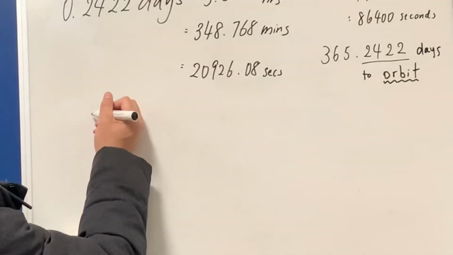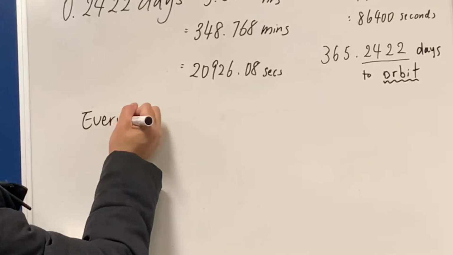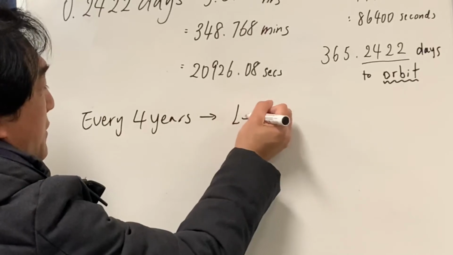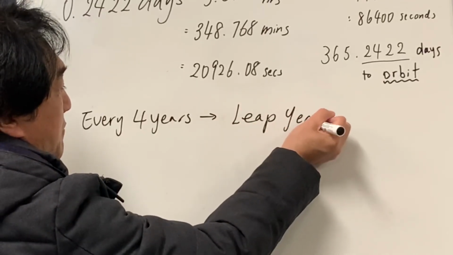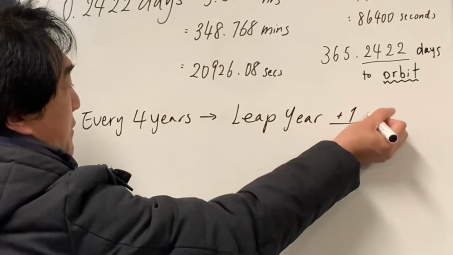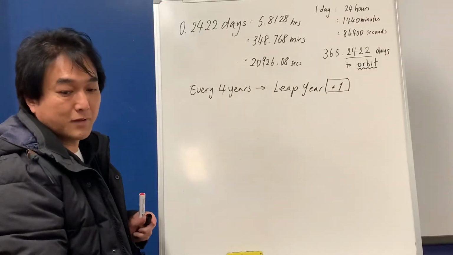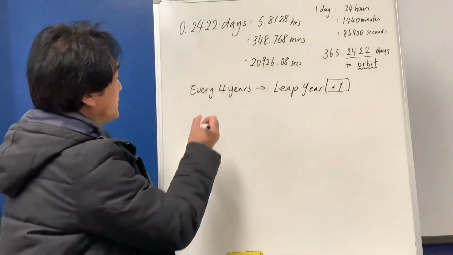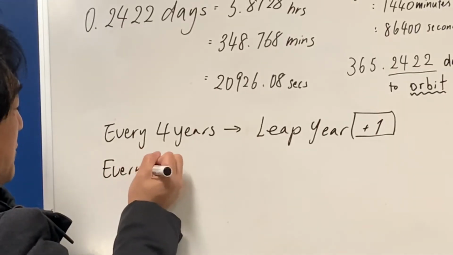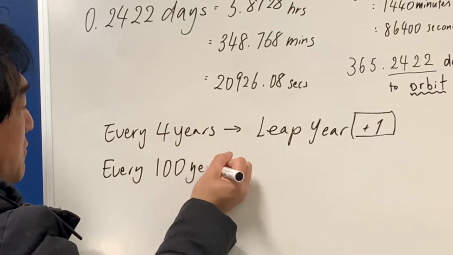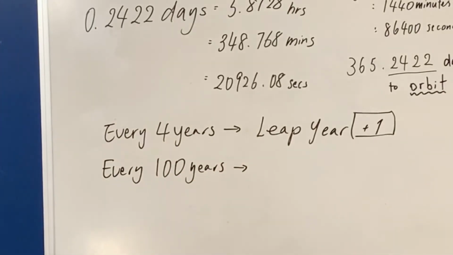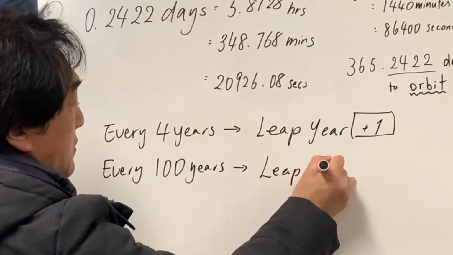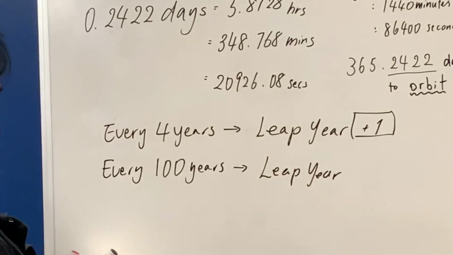So this is what we do currently. Currently we have every 4 years the leap year, which means one extra day, right? But every 100 years, leap year is now cancelled.